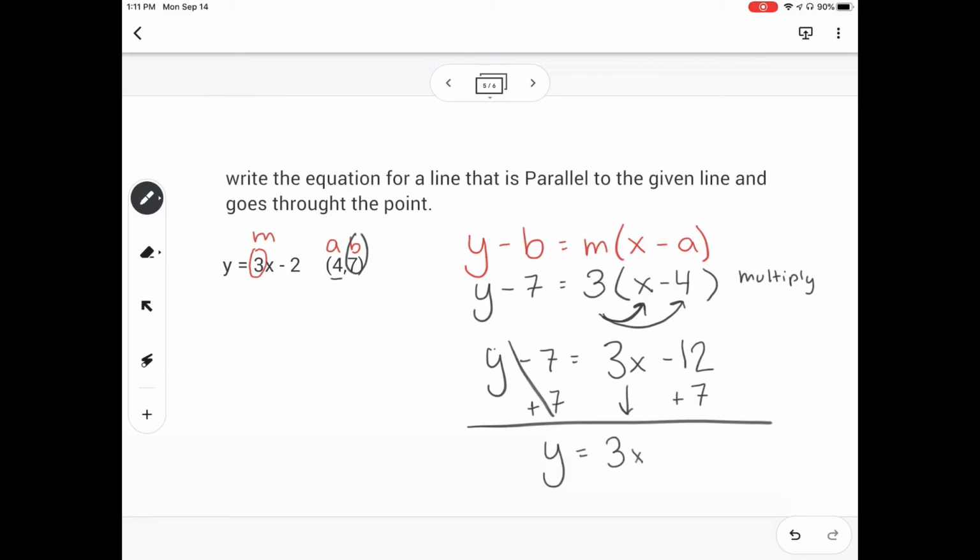So y equals 3x comes down. Negative 12 plus 7 would be negative 5. There we go. So the steps are to plug the numbers into each spot, so b to b, m to m, a to a. Distribute the number in front of the parentheses, and then either add or subtract the number with the y to the other side. Final answer.